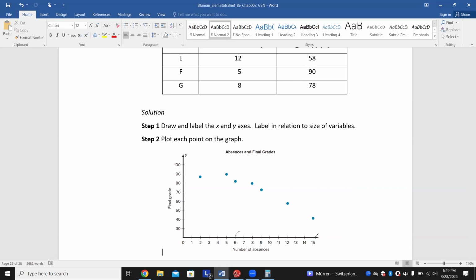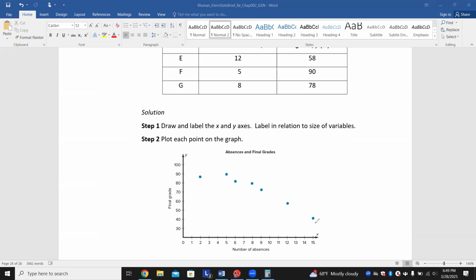So I have 6 and 82 right here. I have 2 and 86. I have 15 and 43. I got my 9 and 74, my 12 and 58, my 5 and 90, and then I got my 8 and 78.